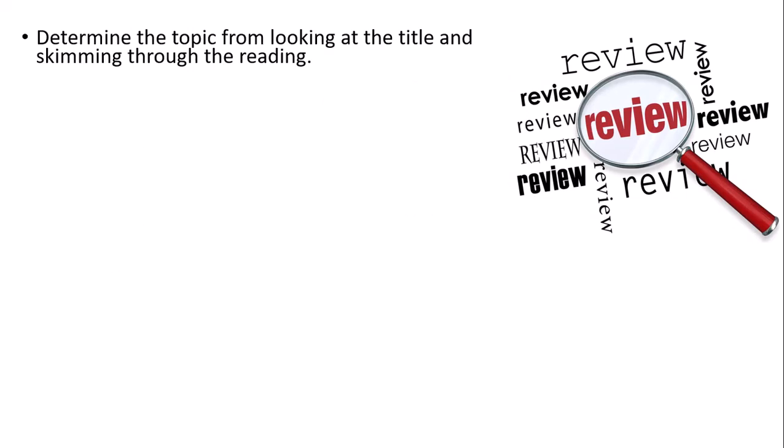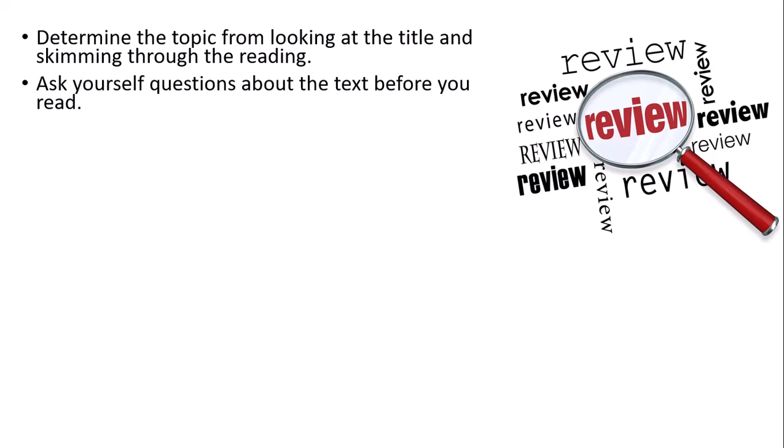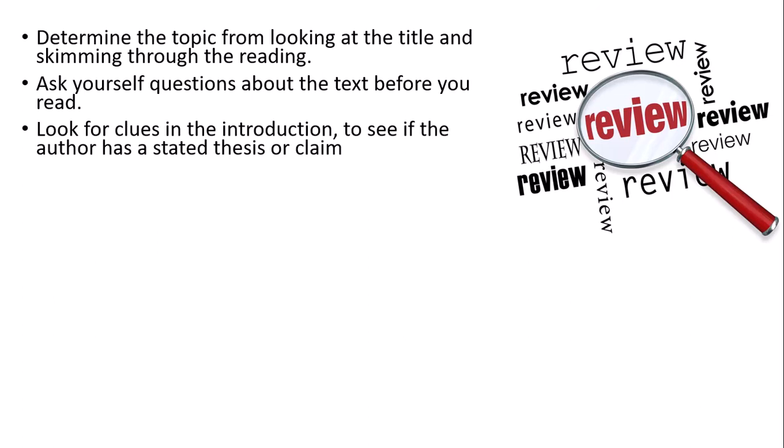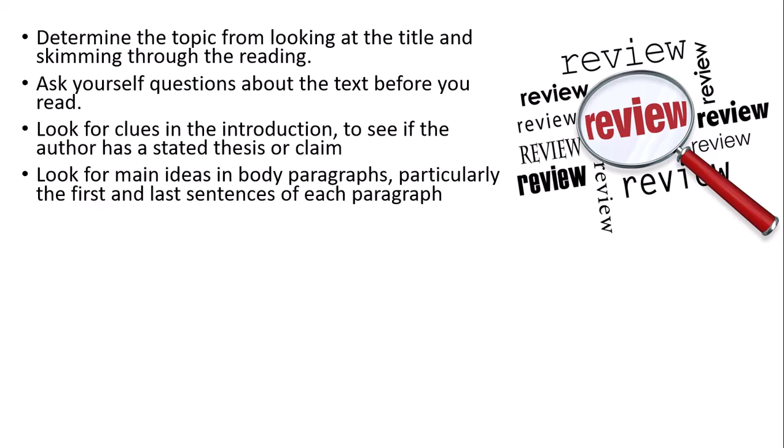Okay, so let's review. You can determine the topic from looking at the title and skimming through the reading. Ask yourself questions about the text before you read. Look for clues in the introduction to see if the author has stated their thesis or claim.